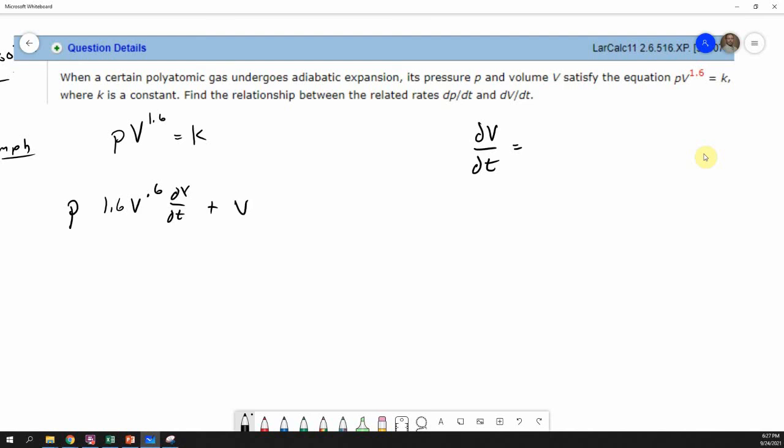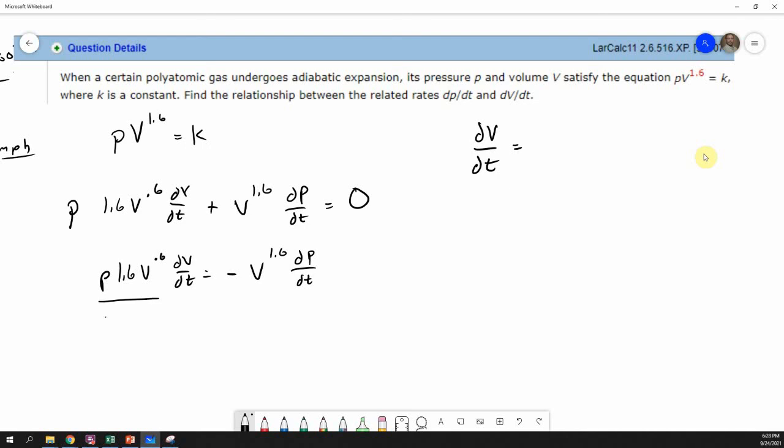Plus the second times the derivative of the first. And then the derivative of K, they said that's a constant, so that's just going to be equal to 0. So we're going to keep this over here, so we're going to move the other over, so we get P 1.6V to the 0.6 dV/dt equals negative V to the 1.6 dP/dt.